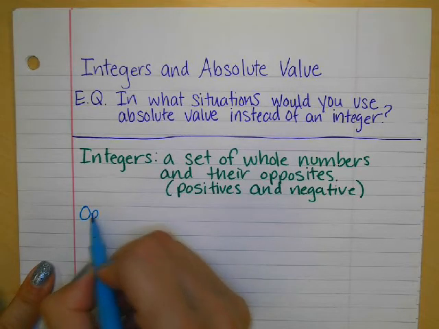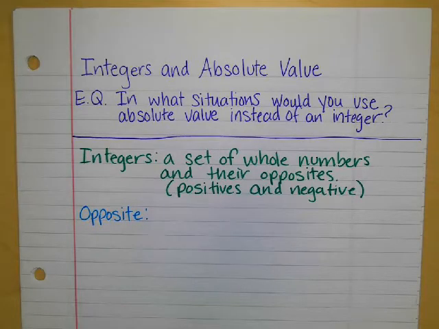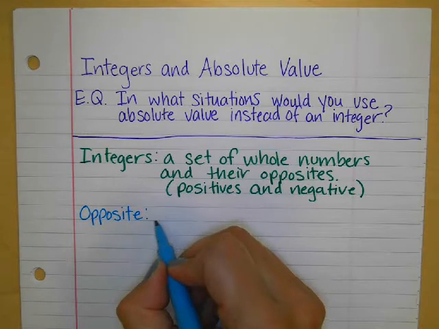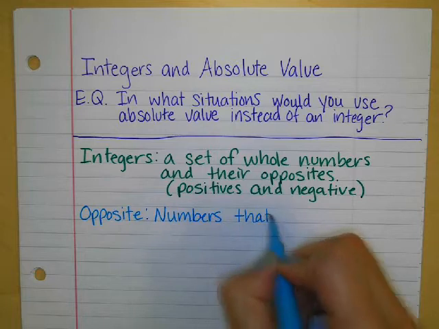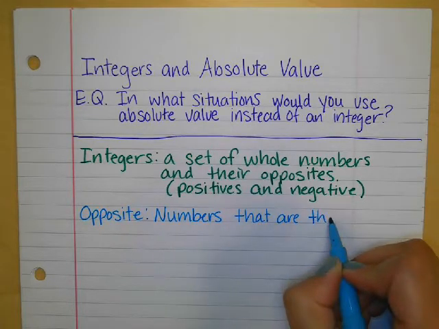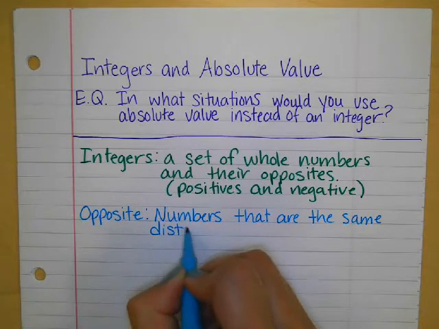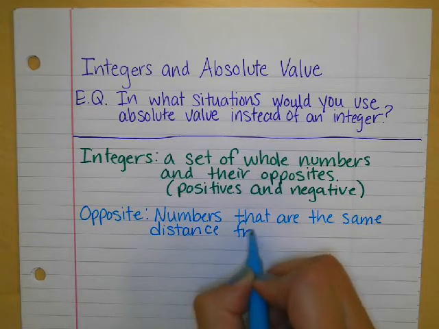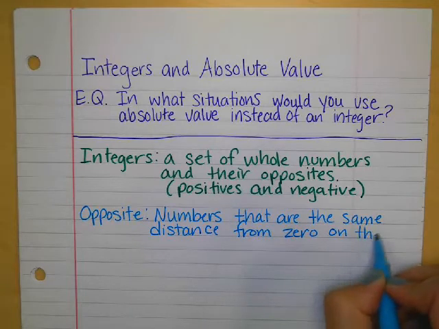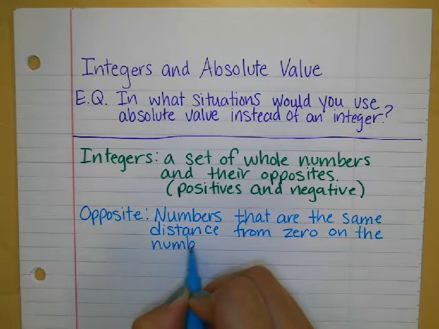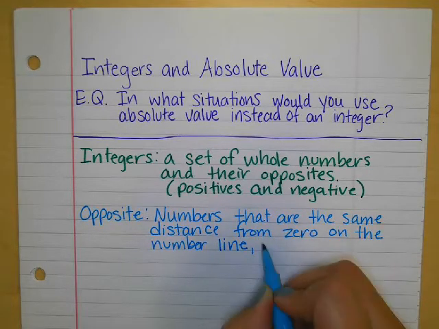Opposites are numbers that are the same distance from zero on the number line, but they're on opposite sides of zero.